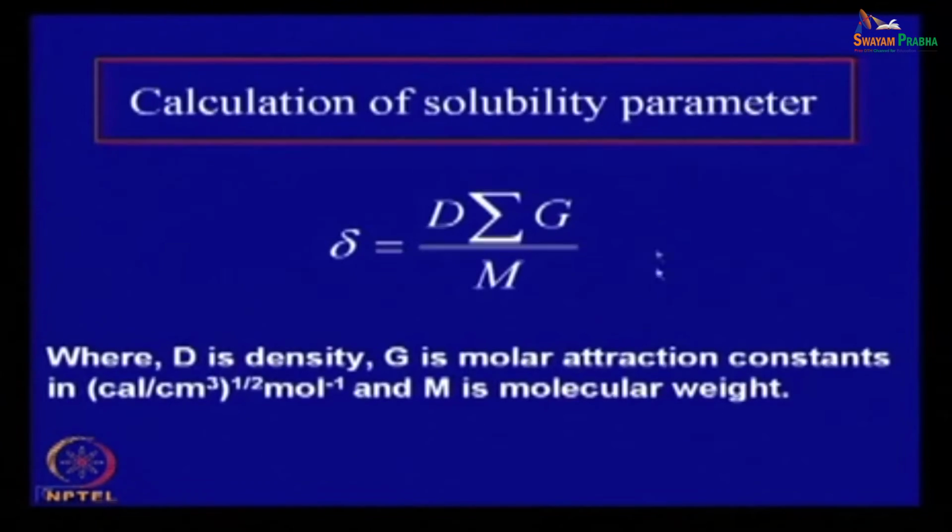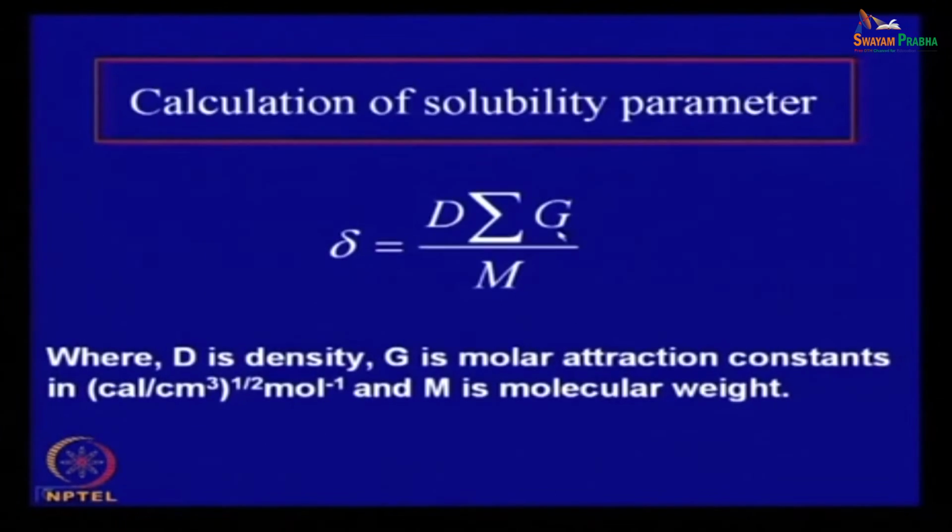As I was telling, solubility parameter can be calculated from this relation, delta is equal to d into the sum of molar attraction constants, and these molar attraction constants are used as a measure of the cohesive energy density, G values, in calories per cc square root per mole, and M is the molecular weight.